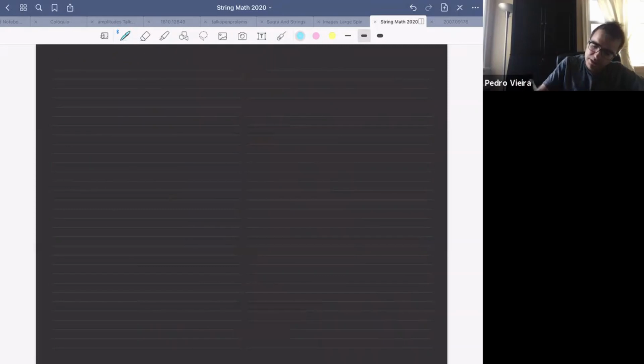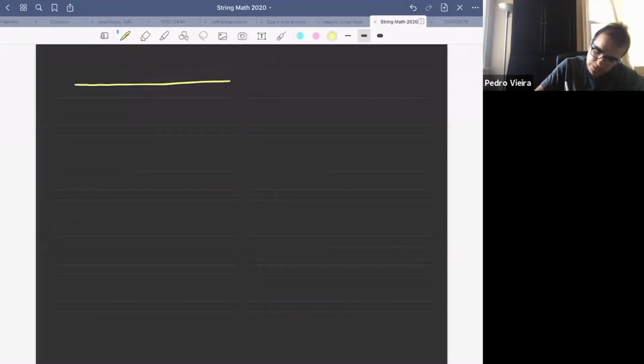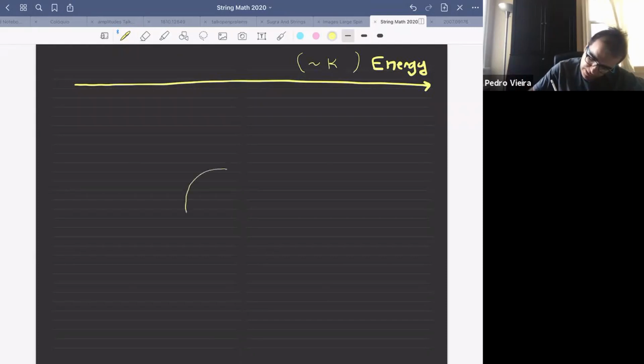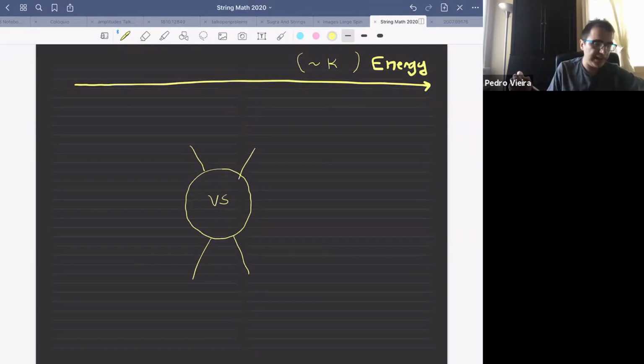Okay, so let me just draw a picture again, a picture for what we just saw. We have this axis of energy, which is, morally speaking, like our K. Here we have the full Virasoro-Shapiro amplitude for intermediate energies.